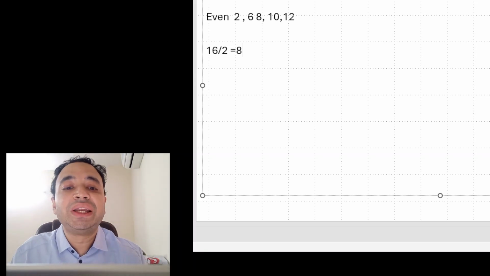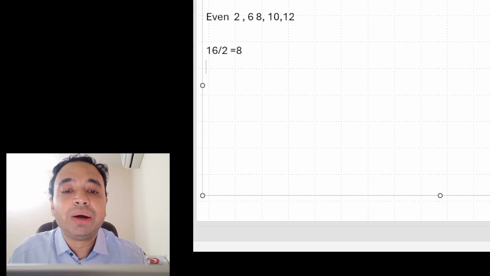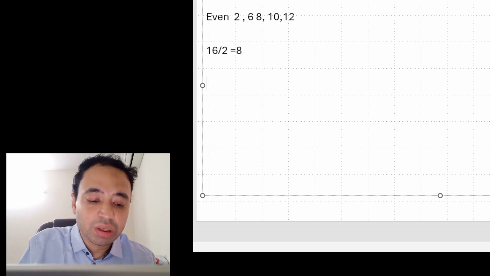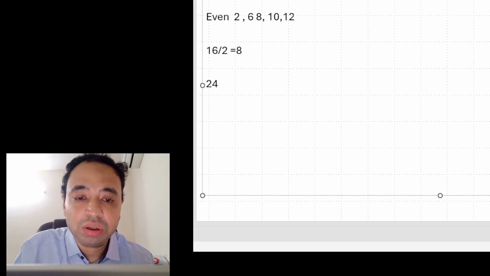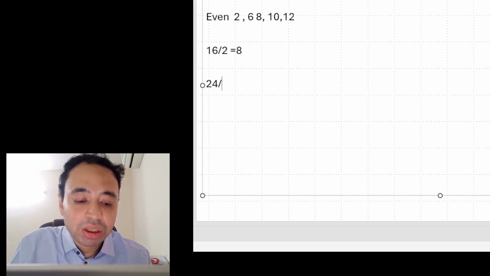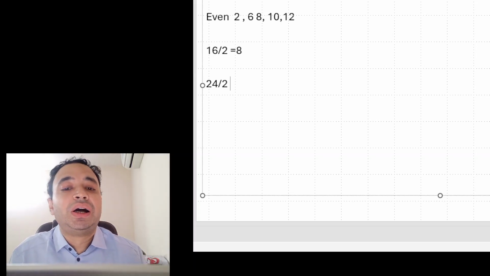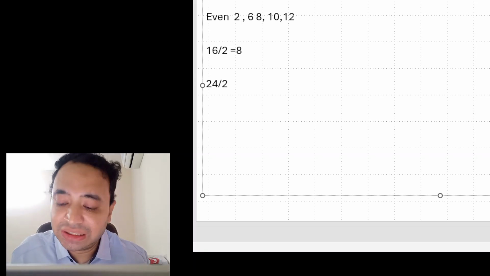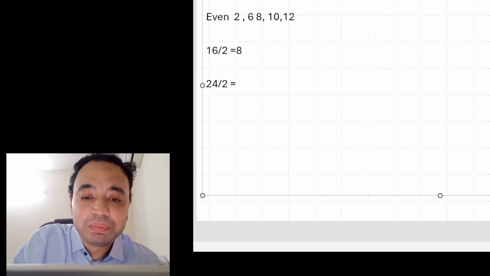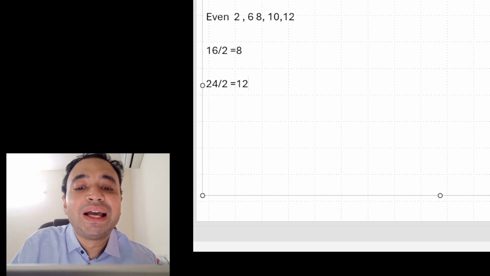So let's take another example. 24 when divided by 2 leaves a remainder 0, as it gives us 12 as a quotient.